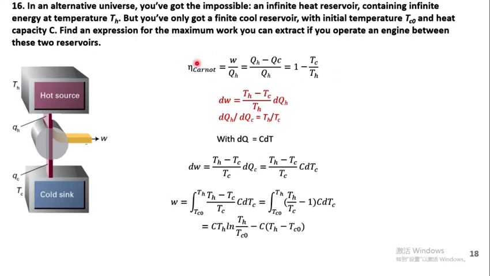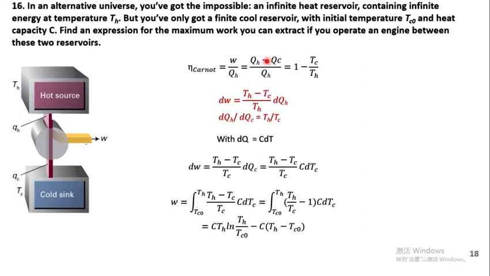So first we have the Carnot cycle efficiency like this, and for this equation we do the differentiation for this one and this one. After differentiating this one, we have dW equals dq multiplied by this one, and then we differentiate this one.